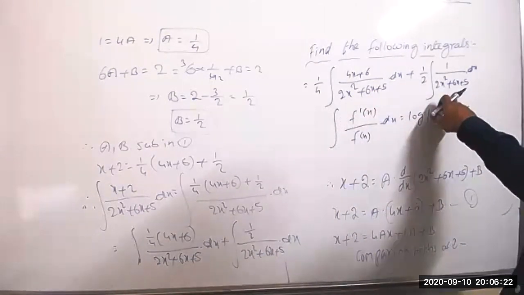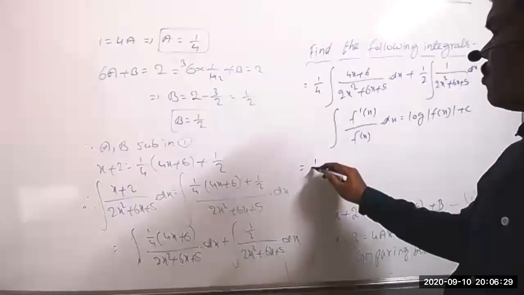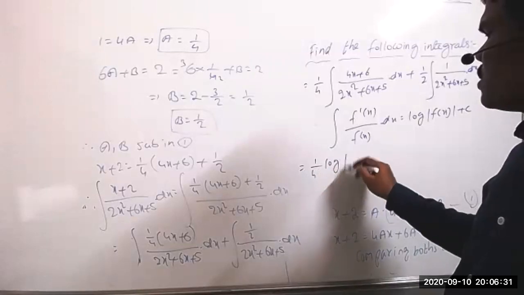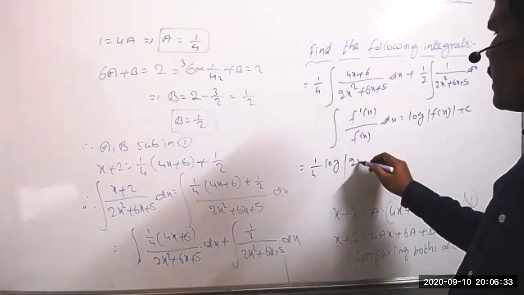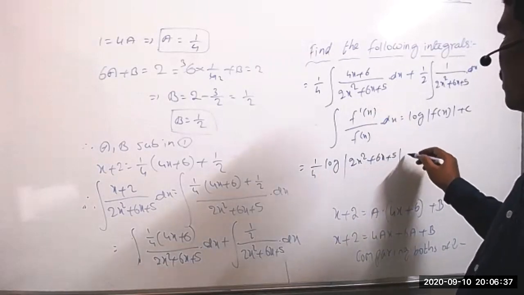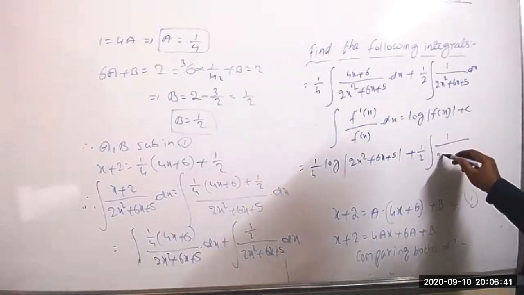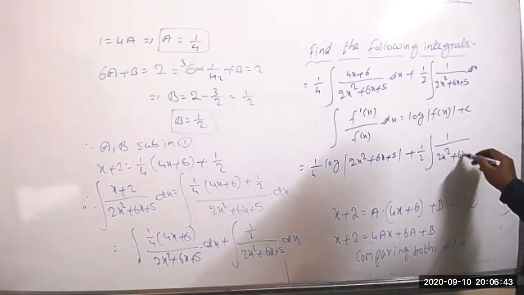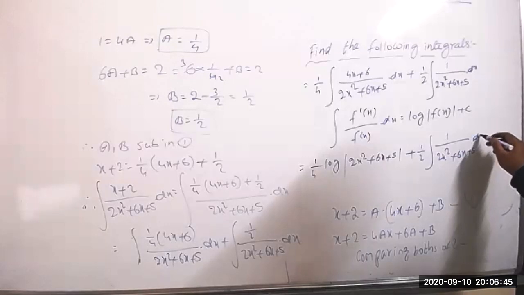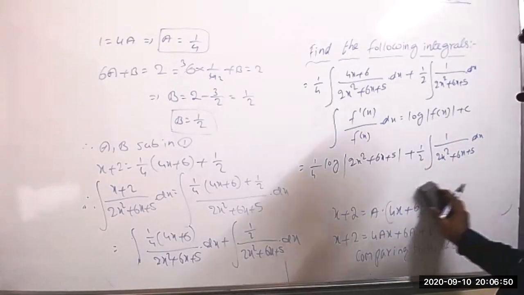But coming to the second one, we already did it previously; that method you can apply. So the first one you can write as 1 by 4 into log modulus of 2x square plus 6x plus 5, plus 1 by 2 into integration of 1 by 2x square plus 6x plus 5 dx. The second term is still pending; the first term we have already integrated clearly.